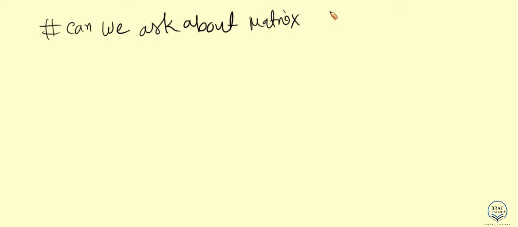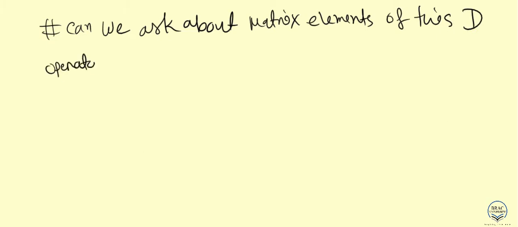because in those cases you will actually be able to find some matrix elements, that is the matrix representations of it. Obviously it will contain an infinite amount of information, that is an infinite amount of entries, but it's not impossible to do that. So that's why we are asking, can we ask about matrix elements of this D operator in infinite dimension?